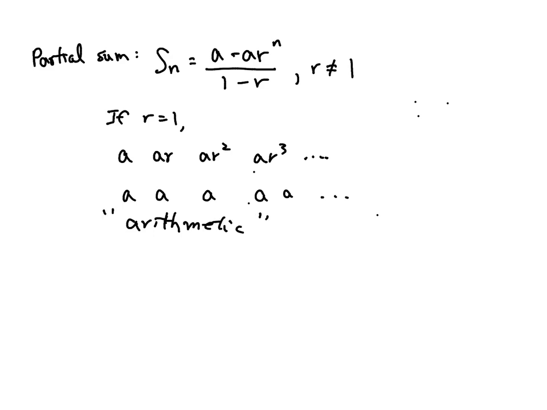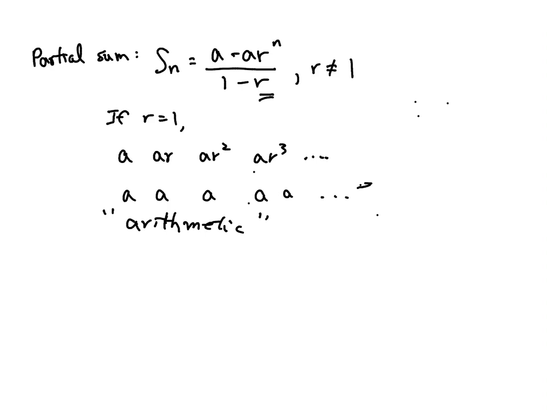So that's the reason why r cannot equal 1. And also, the way the formula is derived, when you plug in 1 into here, you have 0 on the bottom, which is undefined. So that's the reason why r cannot equal 1. But other than that, anything goes. Well, besides imaginary numbers, obviously.